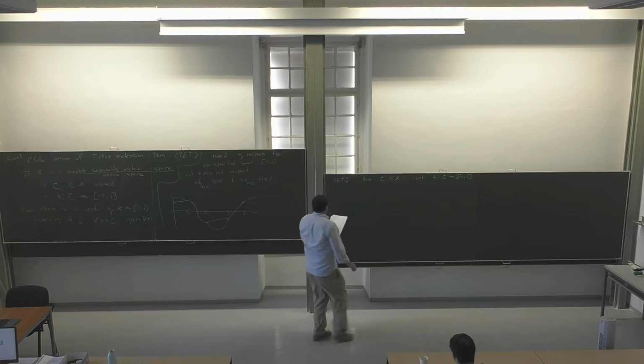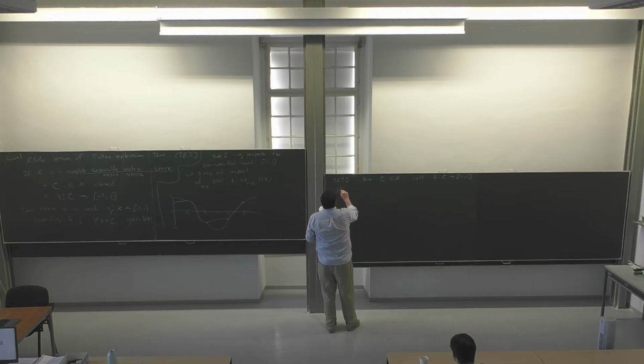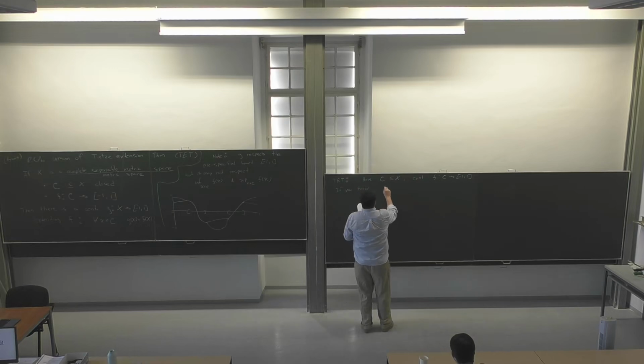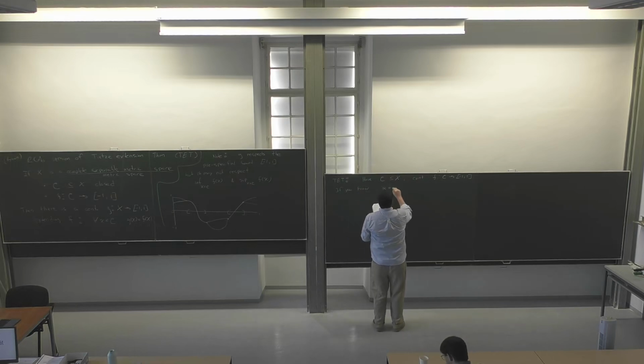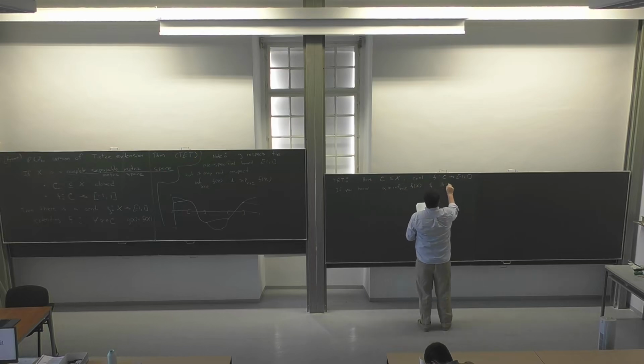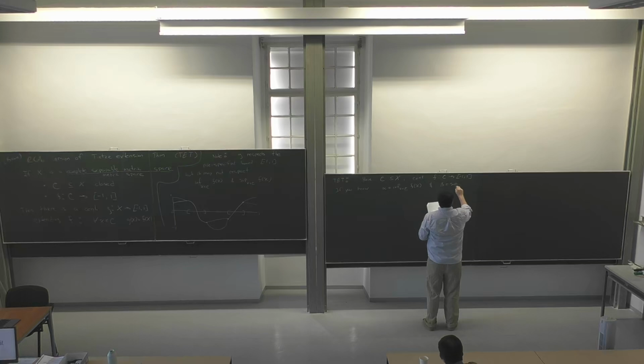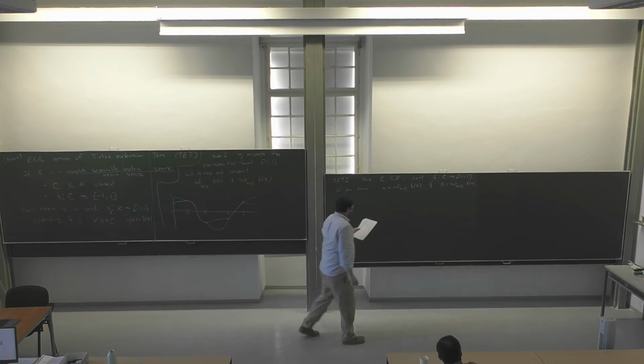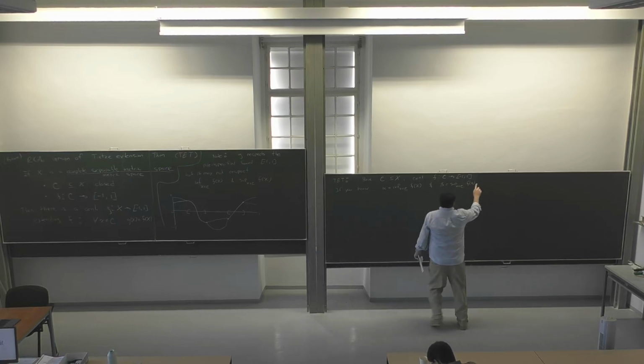So if you just happen to know, I'll call this alpha to be the inf of f(x) over x in C, and if you know that some number beta is the supremum of f(x) over x in C. You know this, I'll say, ahead of time.